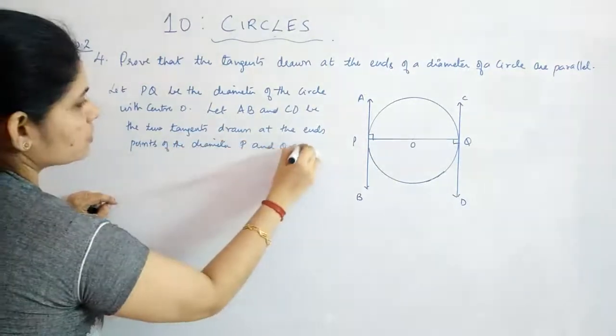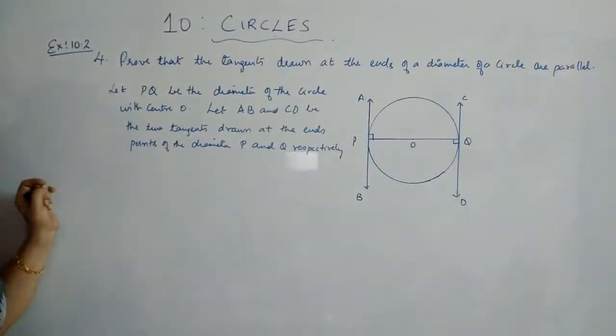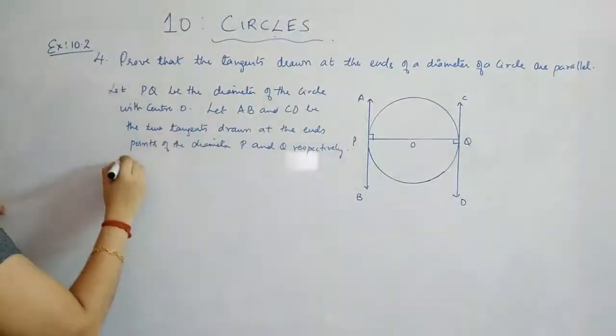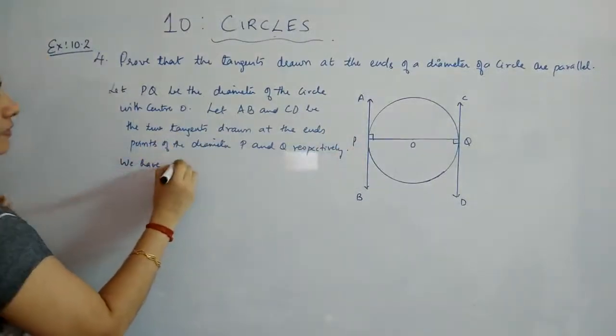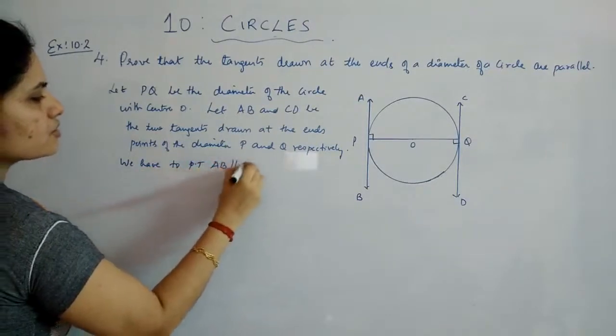That means AB is touching at P and CD is touching at Q. Now what we have to prove is that AB is parallel to CD.